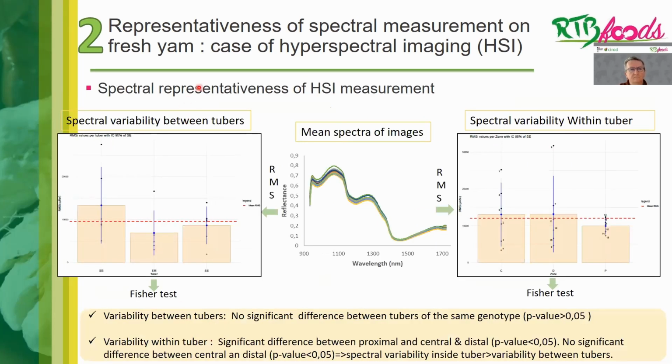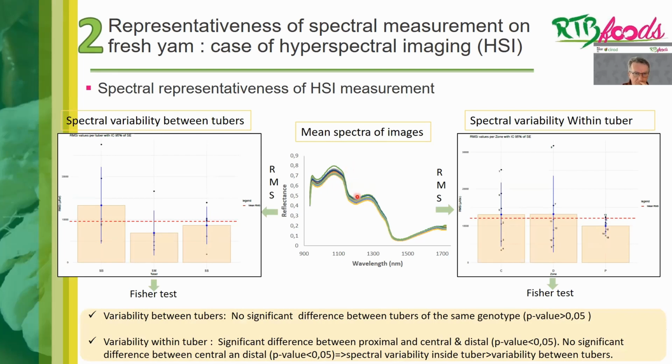So for the determination of spectral representativeness of hyperspectral measurements, we calculate the mean spectra of images. Here you can see the mean spectra of images, but only of one genotype. We use all the spectra of one genotype, so we have 18 spectra.